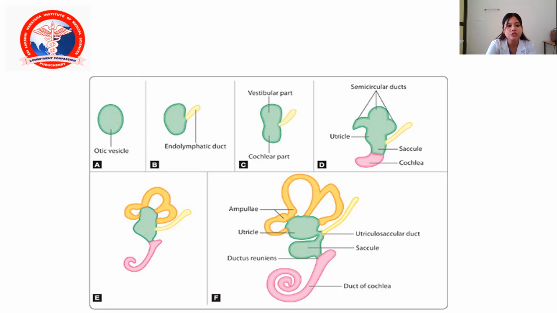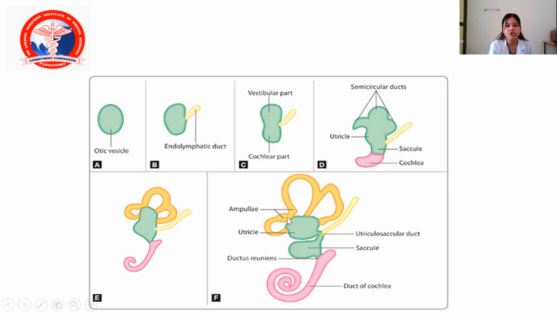When the central portion of this utricle disappears, the ducts develop at right angles to each other. First the superior semicircular duct will develop, followed by the lateral semicircular duct, and then the posterior semicircular duct.